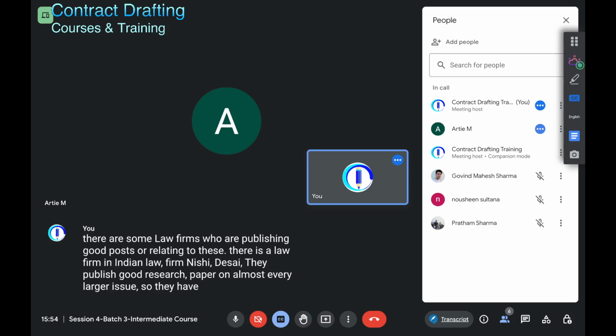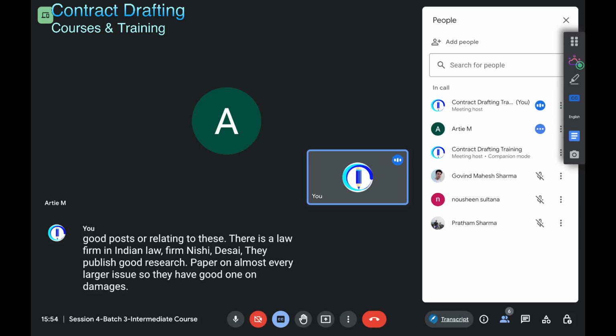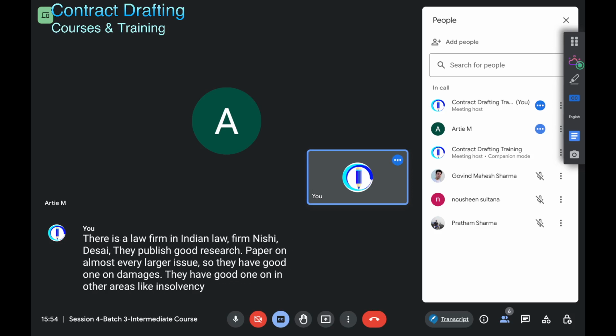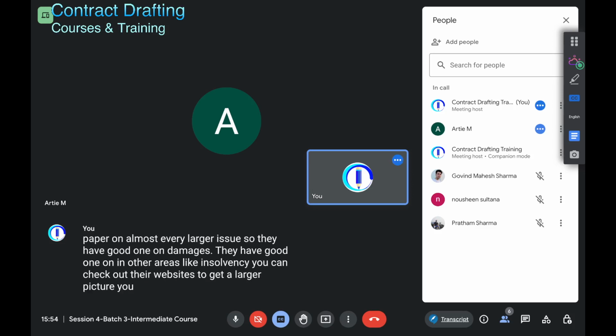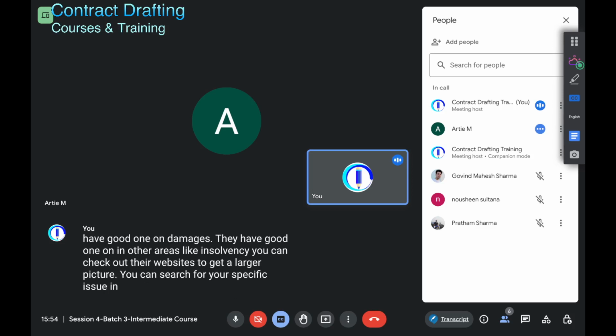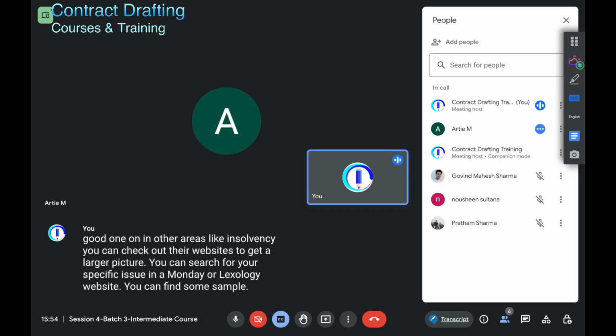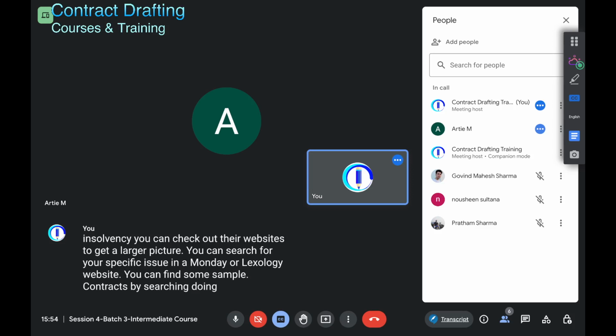They have a good one on other areas like insolvency. So you can check out their websites to get a larger picture. You can search for your specific issue in a Mondaq or Lexology website. You can find some sample contracts by doing a Google search. Then you will have a good understanding.